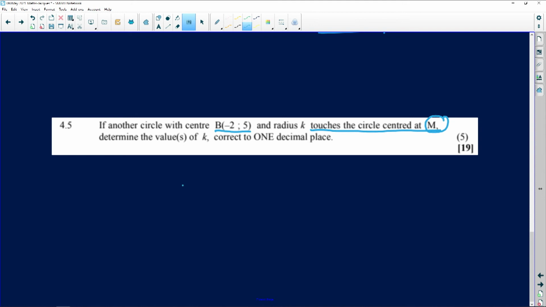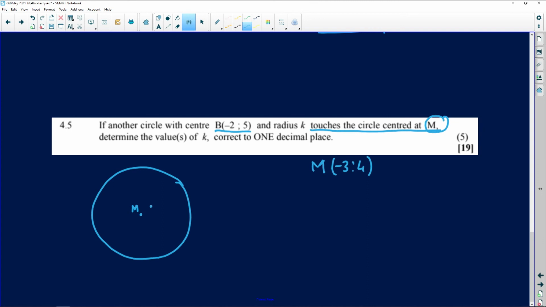Okay, so let's do a diagram. There's the circle that is centered at M. That M lies over here. I'm just going to put M, and the coordinates for M in this case is still minus 3 and 4. Now they say there's one that lies 1 unit to the right and 1 unit up.